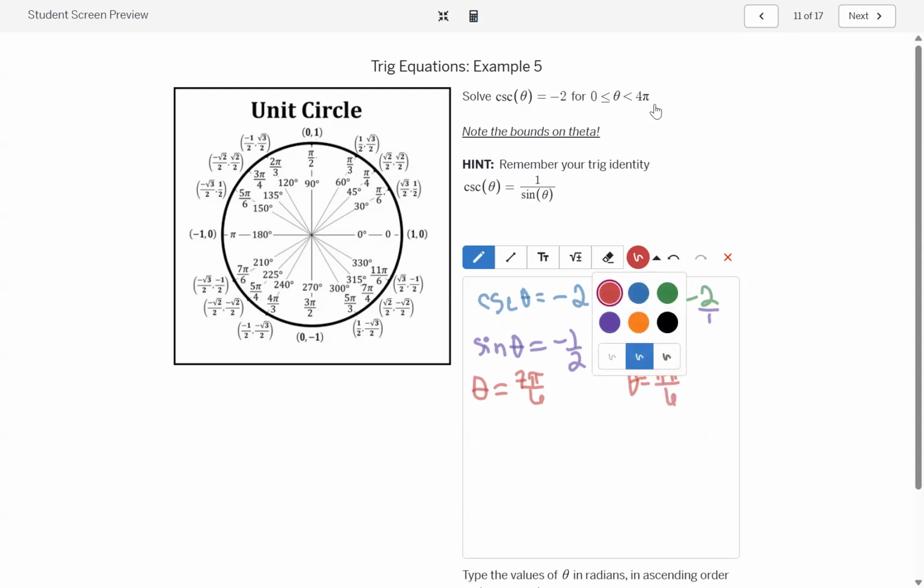All right, so this is where we put the 2 pi k. So this problem, because they expanded our range of answers up to 4 pi, we're actually going to make use of the 2 pi k part.